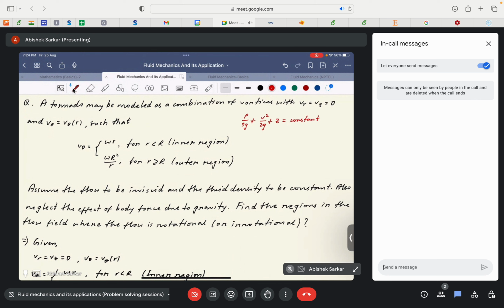Constant along a streamline, given the flow is steady, incompressible, inviscid, and obviously along a streamline.